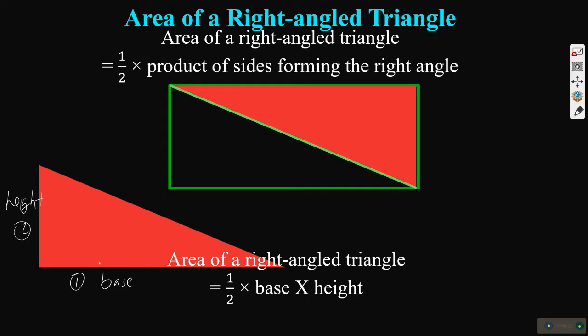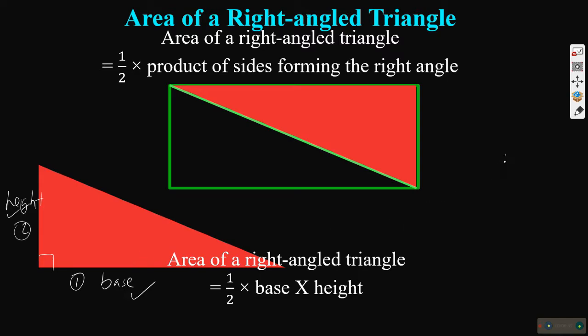Basically, it is the product of the sides forming the right angle. So in general, we say the area of a right angled triangle can be calculated by the formula half into base into height, because we named this as the base and the other as the height.